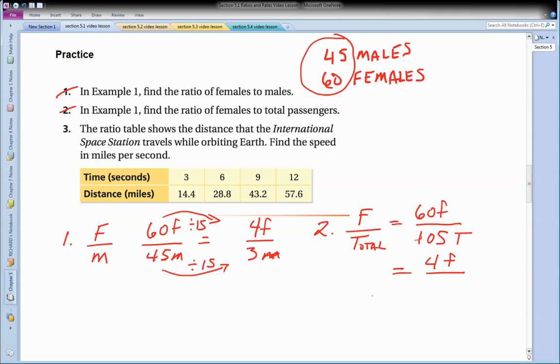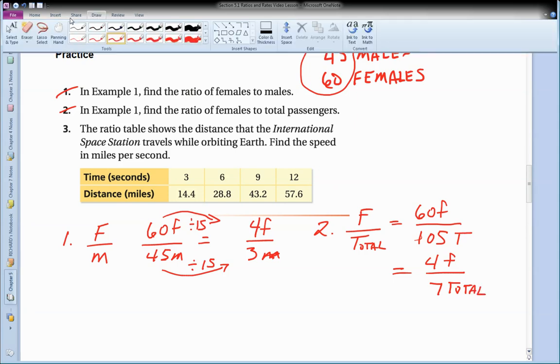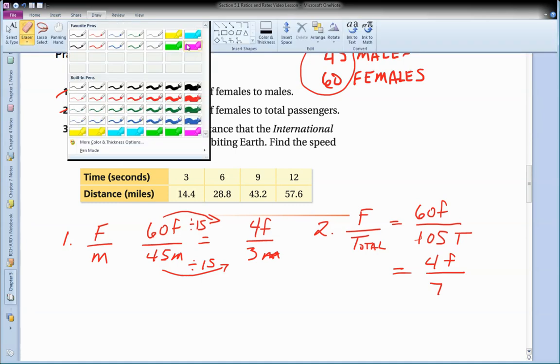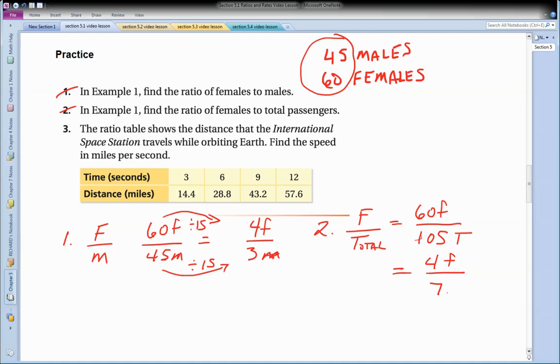Oh, it's over there. Here we go. Sorry. 7 total. Or total's probably not the right thing to say. So 4 females for every 7, we can just say people. Okay. So that's the first 2.